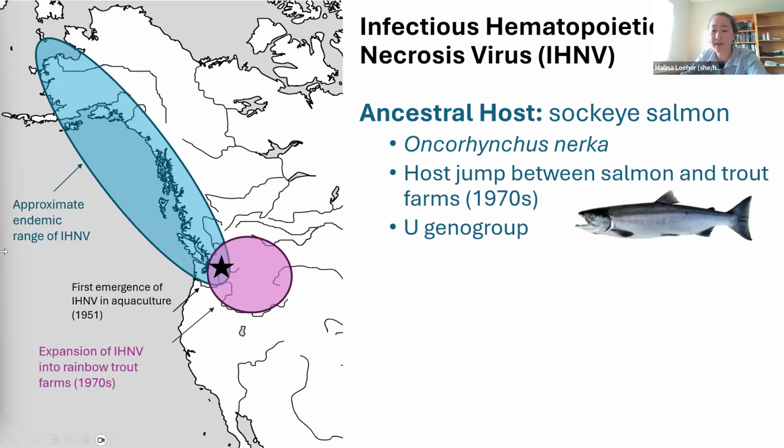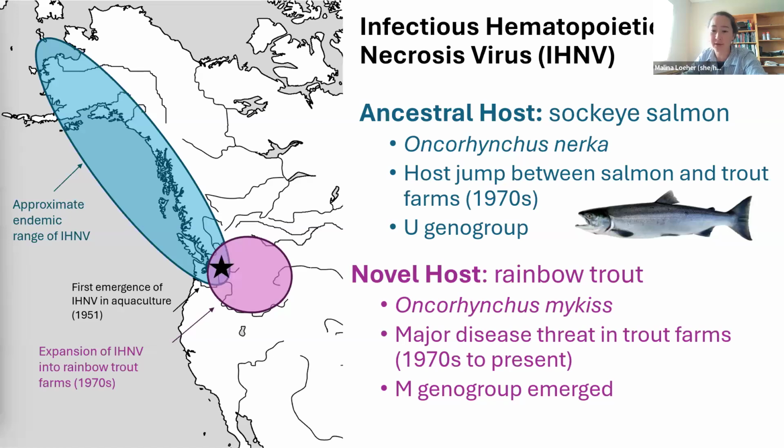So this purple ellipse here indicates the emergence of a new clade of IHNV really associated with trout farms, and this clade of viruses is termed the M genogroup of IHNV. And as Andrew shared previously, this M group, particularly in IHNV, is really problematic for the industry and can result in over 90% of mortality, particularly among juvenile fish.